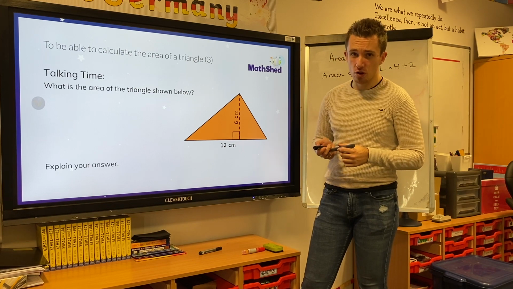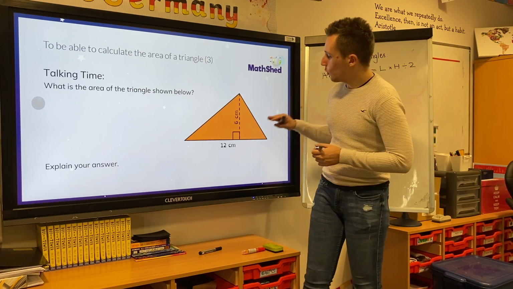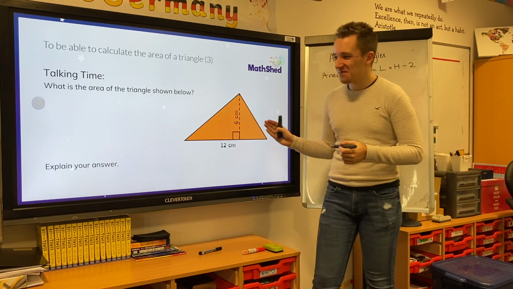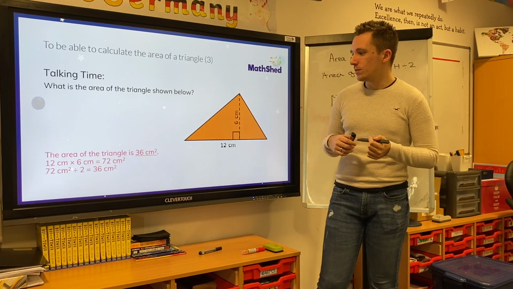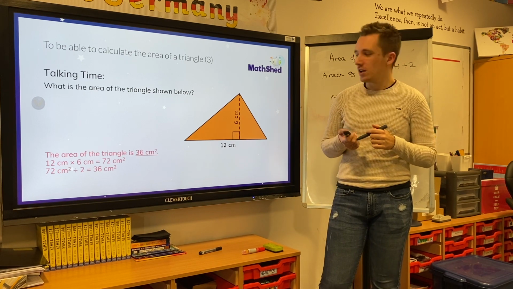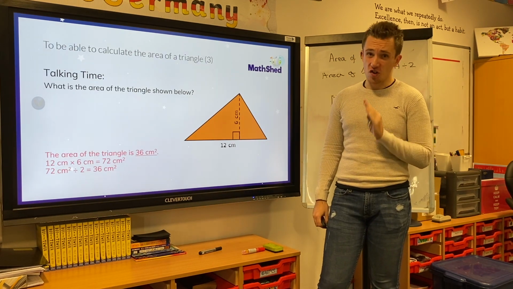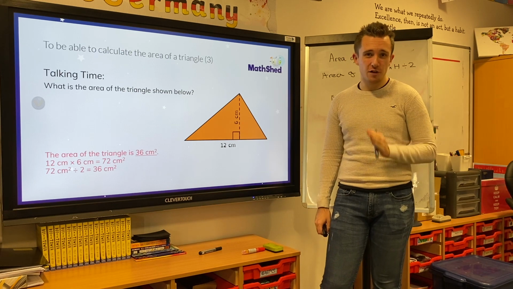This one's orange and it looks a bit weird. No. 12 times 6 is 72. Divided by 2 is 36. They're making the numbers a bit bigger. You still do the exact same thing.